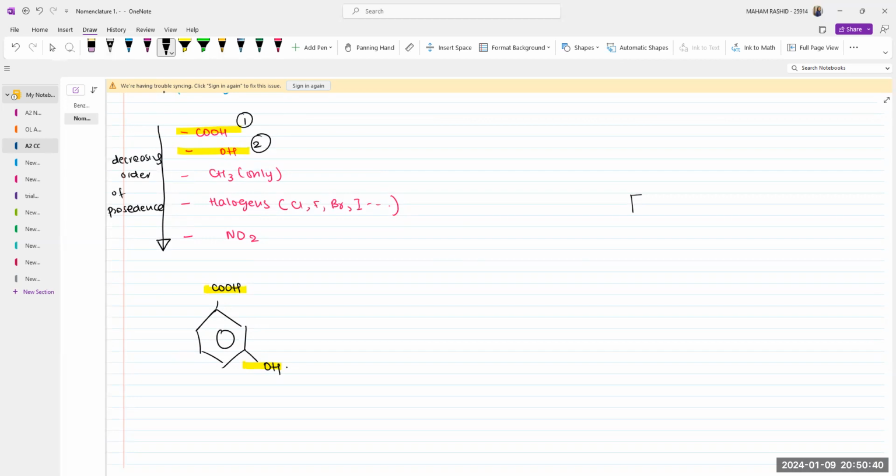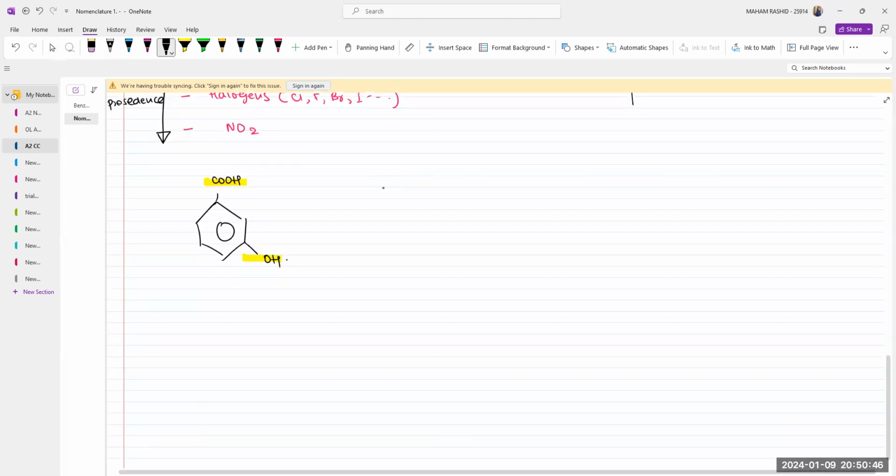Because it's given more precedence. So when the carboxylic acid is made part of the root name, we call it benzoic acid.